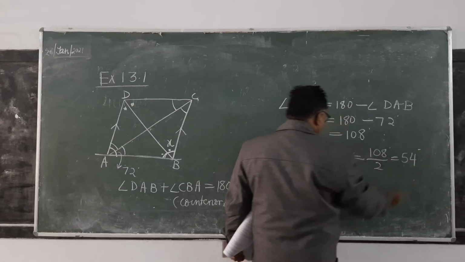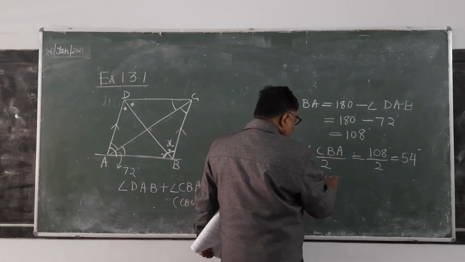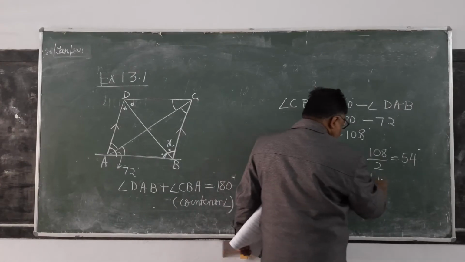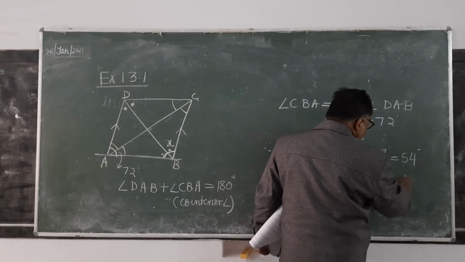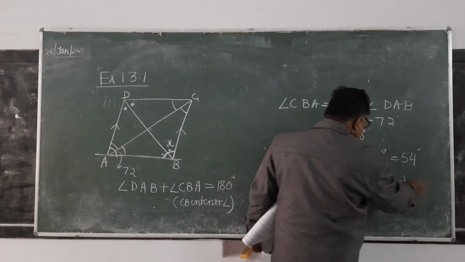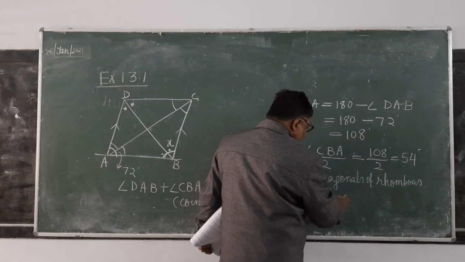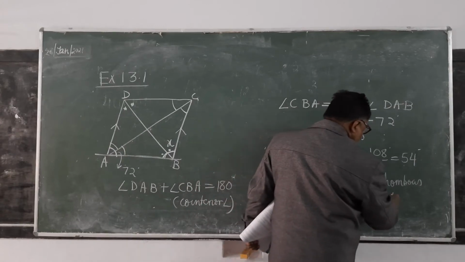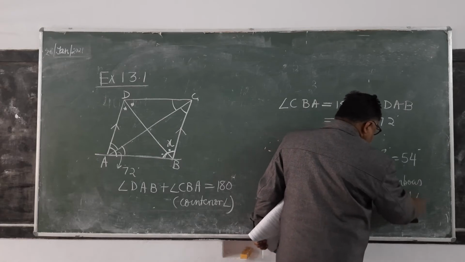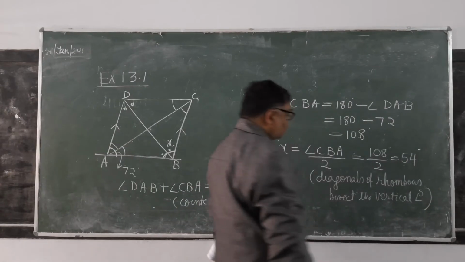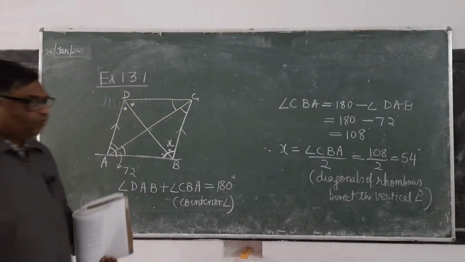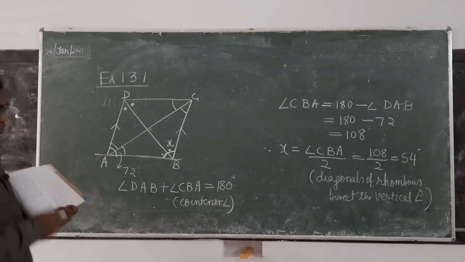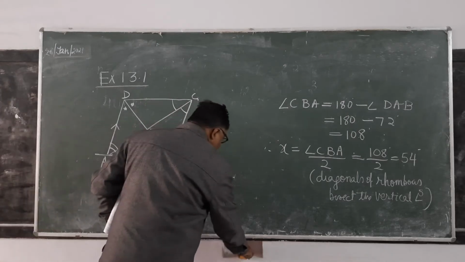What is the reason? Diagonals of rhombus bisect the vertical angles. Therefore, x equals to 54 degree. It is clear?